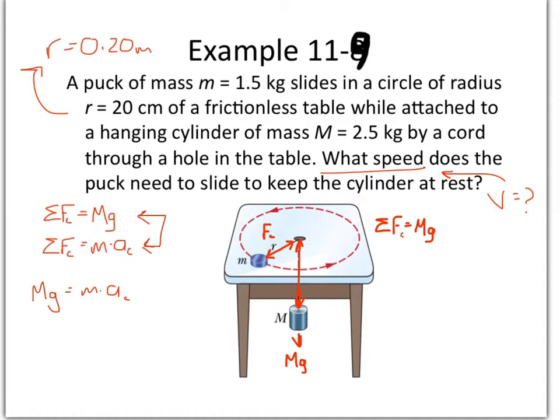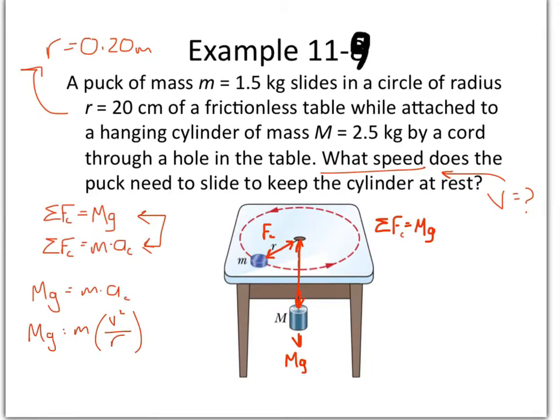Now we're solving for velocity. It asks us what the speed of the puck going in a circle has to be in order to exactly balance out the weight of this mass right here. Well, we need to restate the centripetal acceleration in terms of velocity. So capital Mg equals lowercase m times, what's our statement about centripetal acceleration in terms of velocity? That should be v squared over r, right?